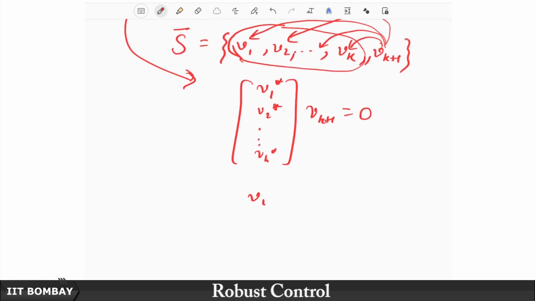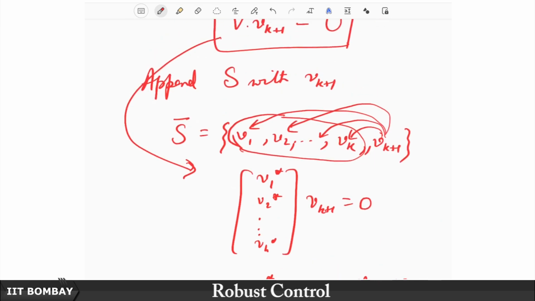That just means that Vi star times Vk plus 1 is equal to 0 for all i equal to 1, 2 till k. So, therefore, Vk plus 1 is orthogonal to each and every one of those earlier vectors V1 through Vk, and therefore, this new set S bar that I have cooked up, which has a cardinality k plus 1, is another orthonormal set of vectors.